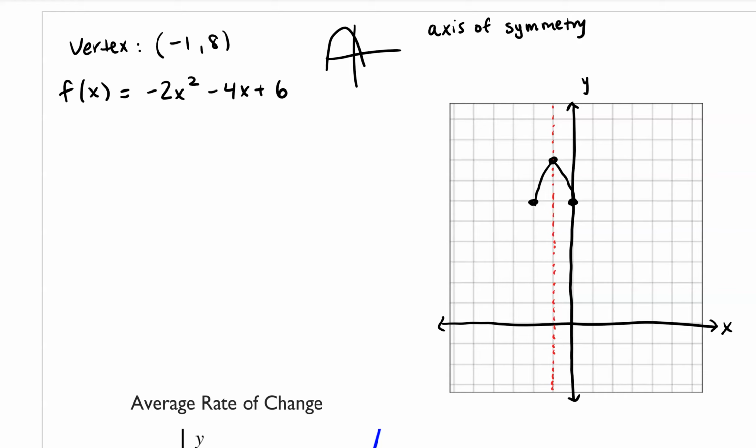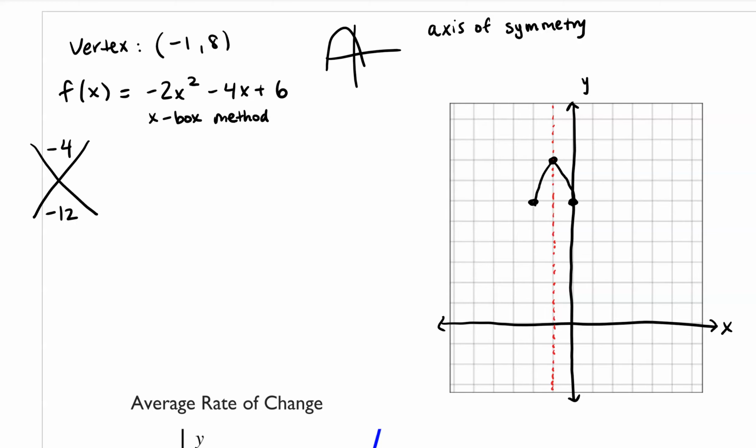Okay, so there's our function, and notice that our a value is not equal to 1, so I would suggest trying to factor this using the X box method first, and then if that doesn't work, we can always use the quadratic formula. Let's go ahead and see if that works. On the top, I'm going to put our b value, and on the bottom, I'm going to put a times c, which is negative 12 in this case.